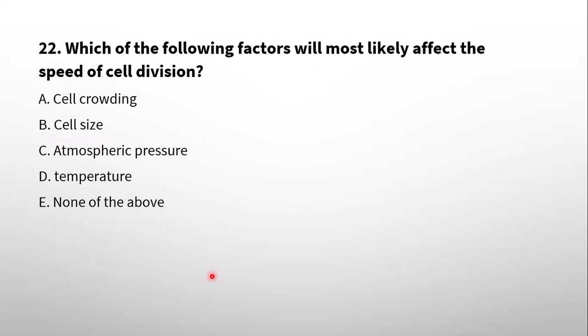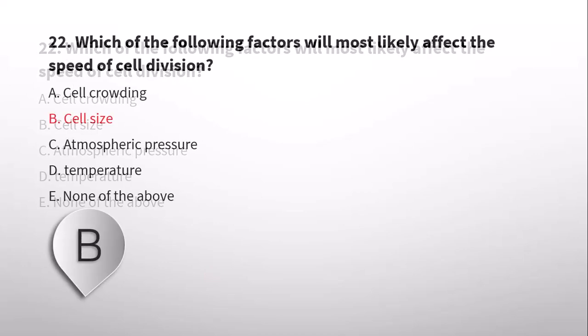Which of the following factors will most likely affect the speed of cell division? Cell size. Yes. Cell size will most likely affect. The more a cell grows, the cell is trying basically to regulate the cell size and cell volume ratio.